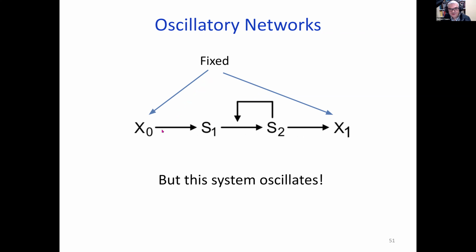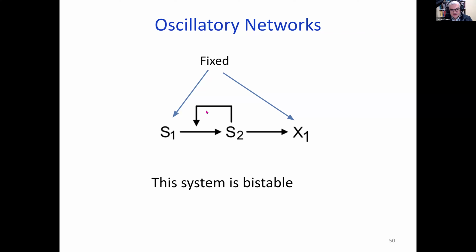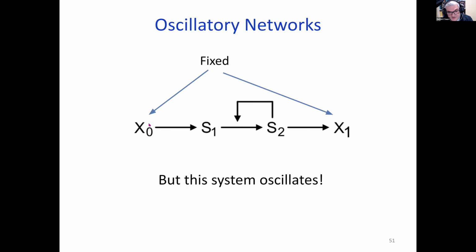If I fix S1 and X1 on this model, we discover it's bistable. If I now add an extra step, relax this so that it floats, but fix this one, X0, this oscillates. What have we done to make this oscillate?